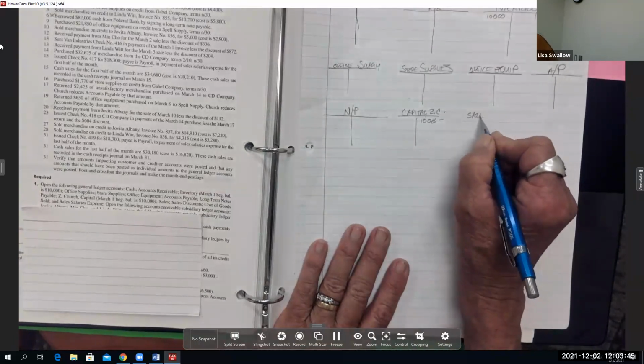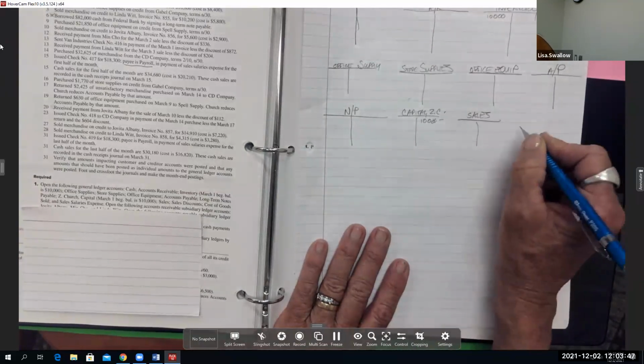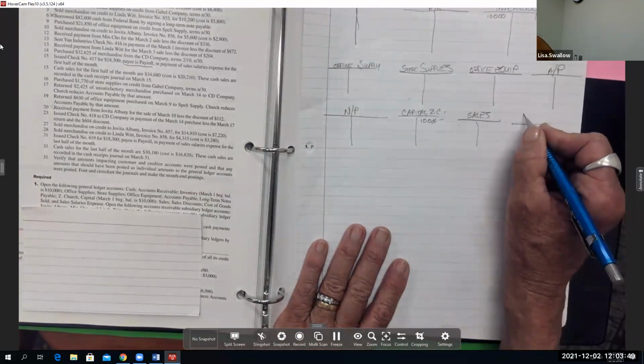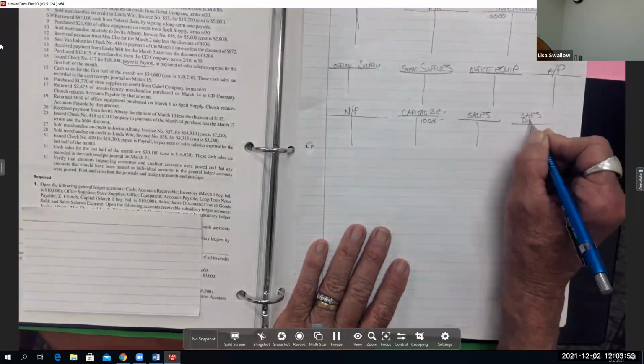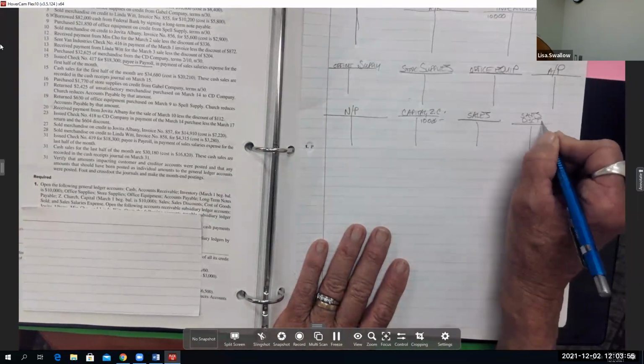Sales. What balance does sales discount have again? Right, the debit or credit? What is it? Sales discount? Excellent. Excellent.